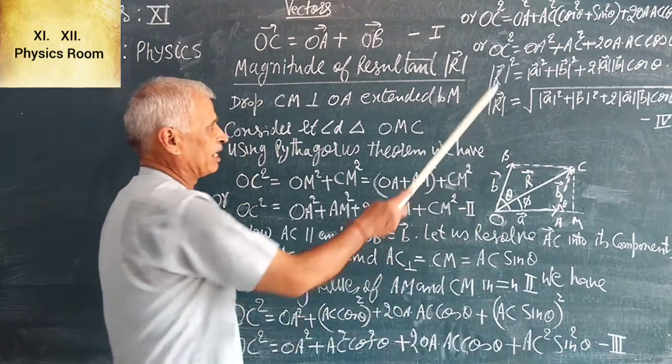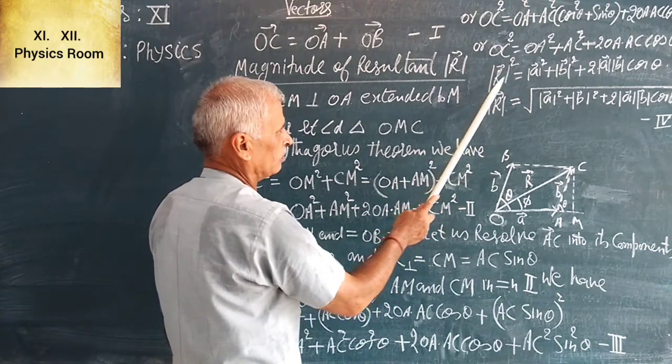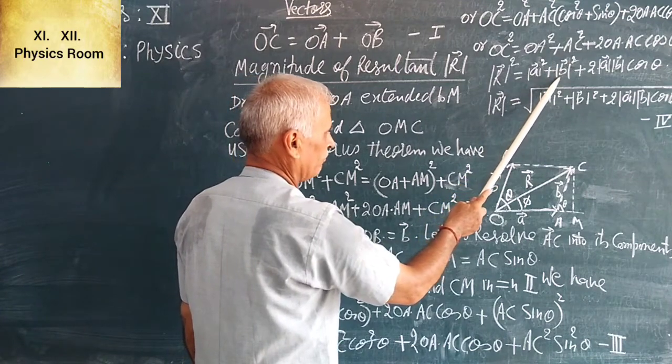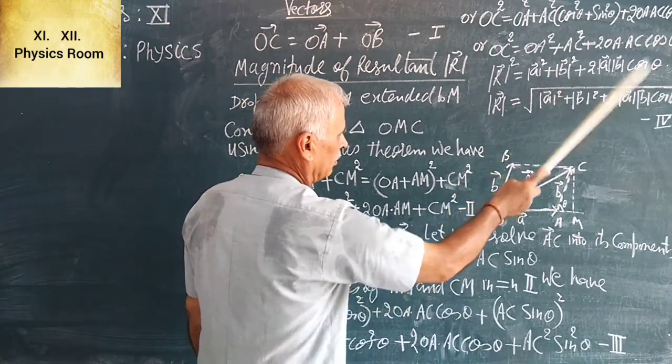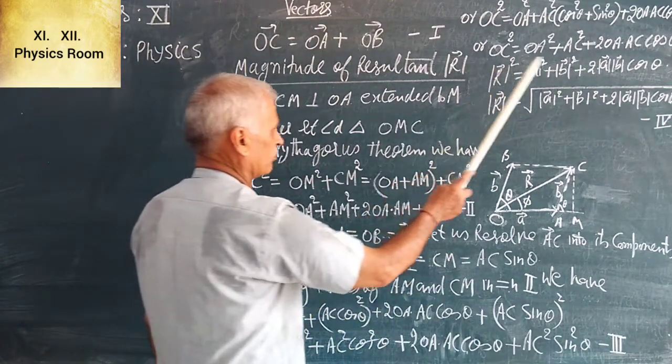Now replace these vectors by their substitutes. So OC is R, OA is small a, AC is small b, and we replace them by their substitutes.